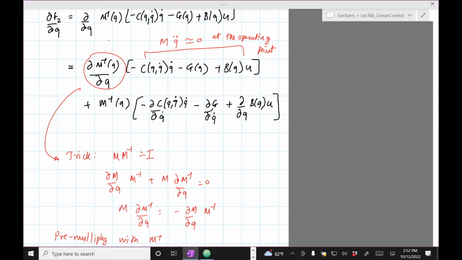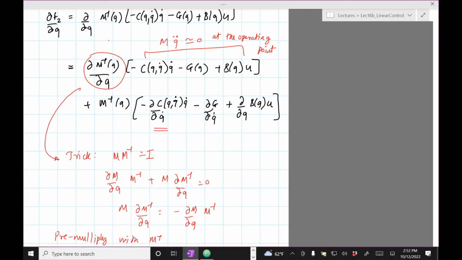If you have a problem like a quadcopter which is spinning fast and its acceleration is changing at the operating point, then you'll have to deal with that. Perhaps you can just assume it to be 0 and use an incorrect linearization. It will still work, but it's not guaranteed. So I'm going to make a note of that.